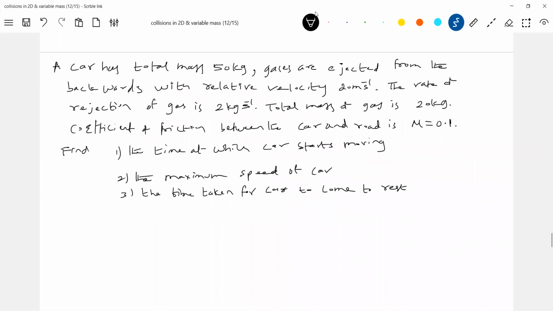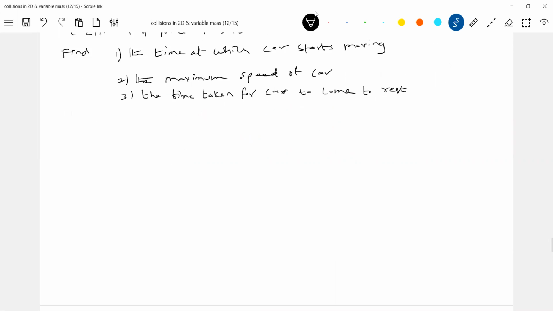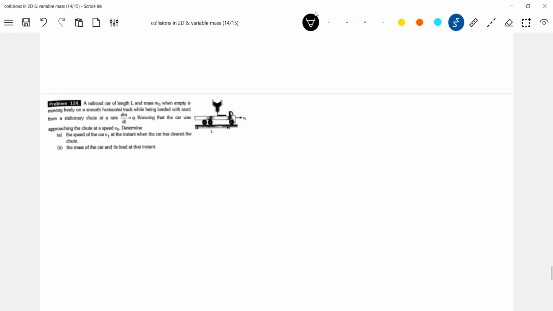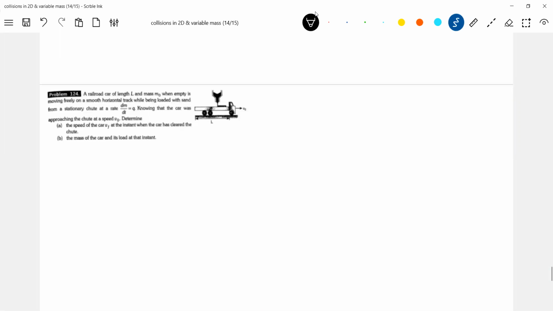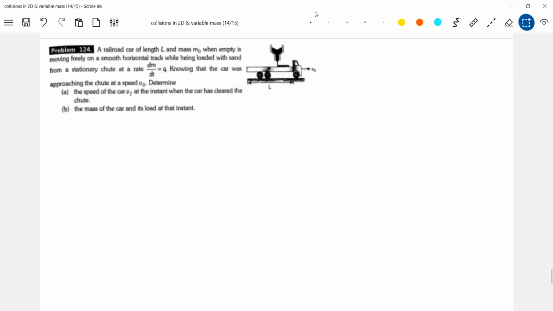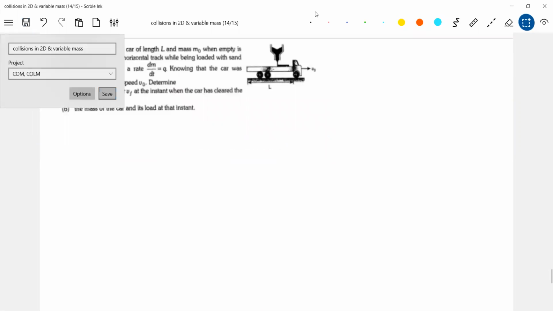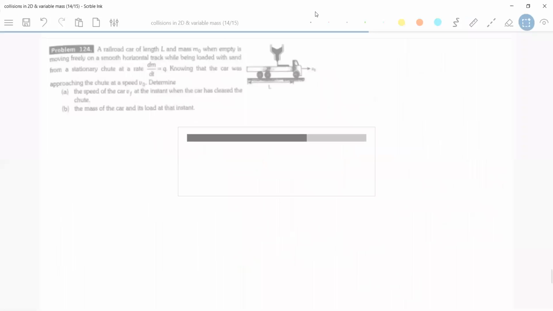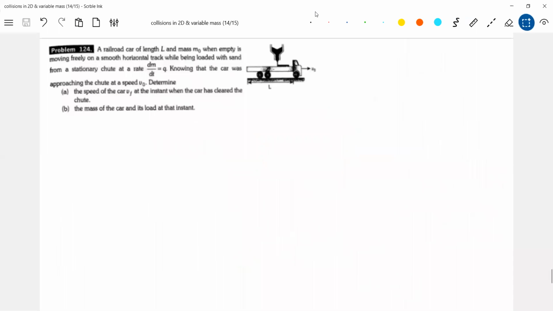Now take the next one. This you can do. I'll read the question. A railroad car of length L and mass m naught when empty is moving freely on a smooth horizontal track.